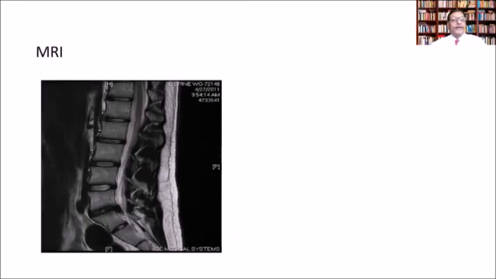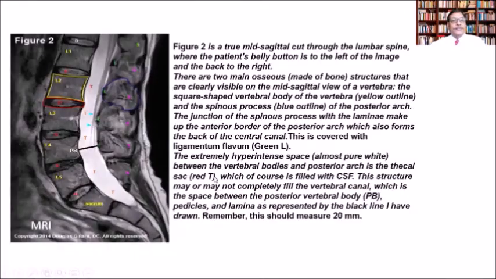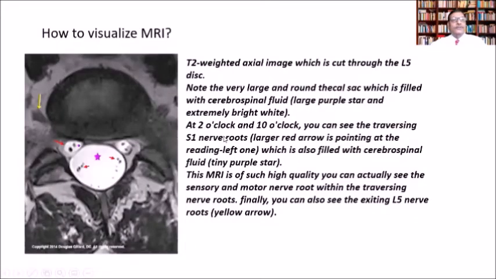So this is the finding of the MRI that you will be getting, and you can see here indentation of the cord, and the same here, we'll be seeing indentation of the cord.